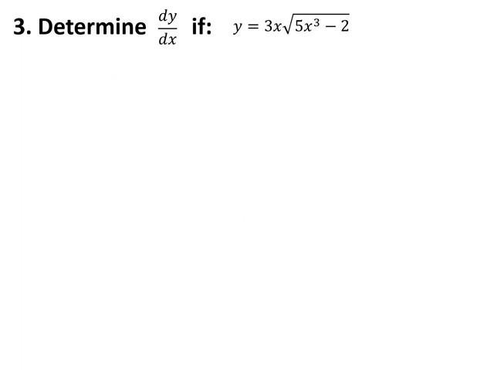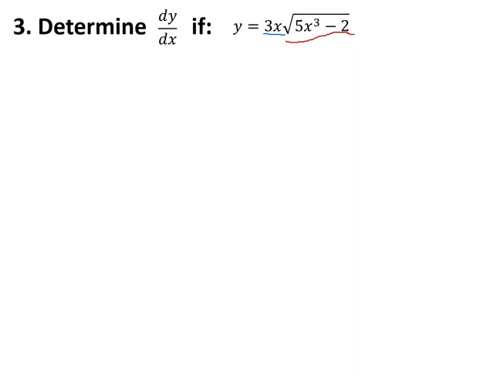Question 3, we have the function y is equal to 3x times square root of 5x cubed minus 2. So our two separate functions are 3x and square root of 5x cubed minus 2.